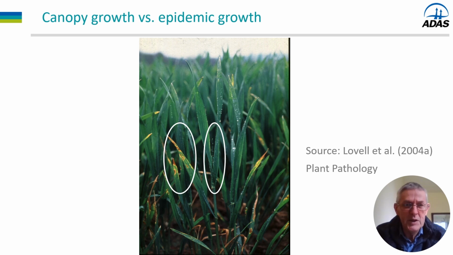If you look at the position of those lesions, which are producing spores at this stage, they're absolutely adjacent to and level with the emerging leaf 1 and the emerged leaves 2 and 3. So it doesn't need much rainfall, only a bit of surface moisture and a bit of movement by wind in the crop canopy to spread those spores across between those leaves. So this is the worst case, but there's quite a bit of variation in what we see at this point.